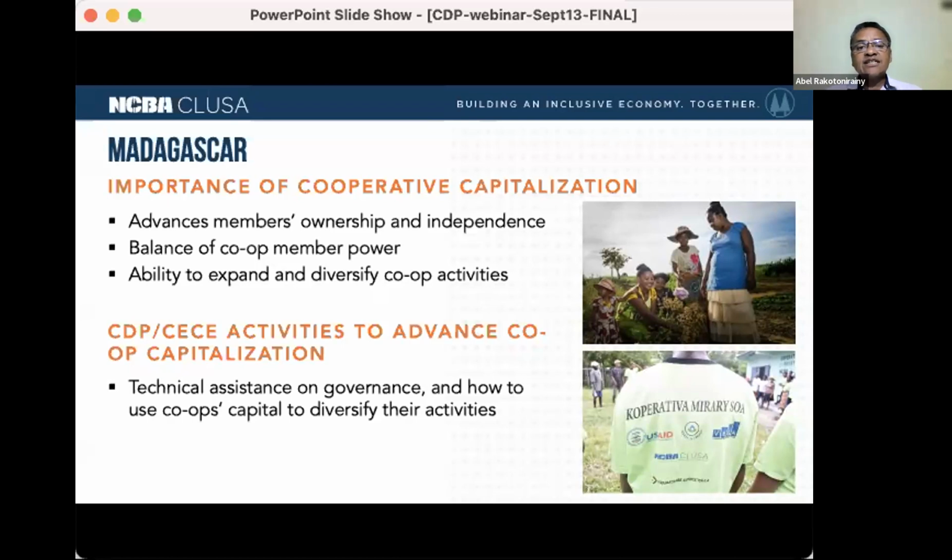And how did they do to really advance on that capitalization? That was through technical assistance on governance and how the co-op would use their capital.